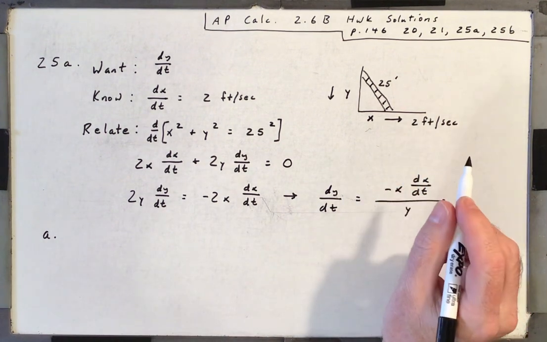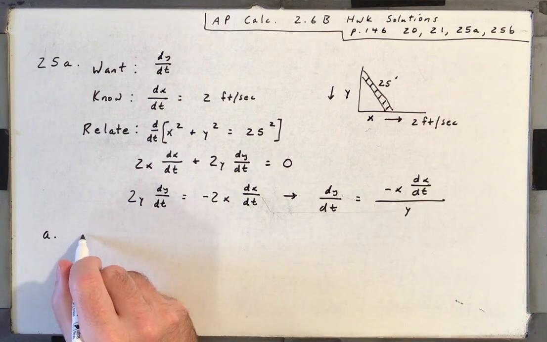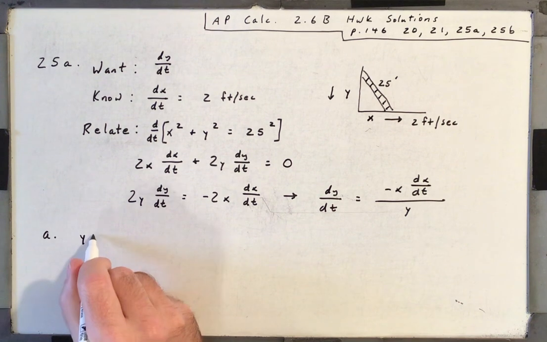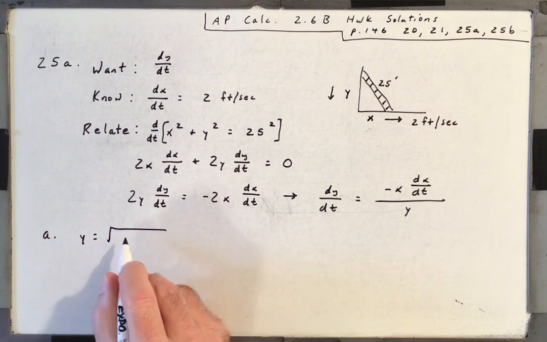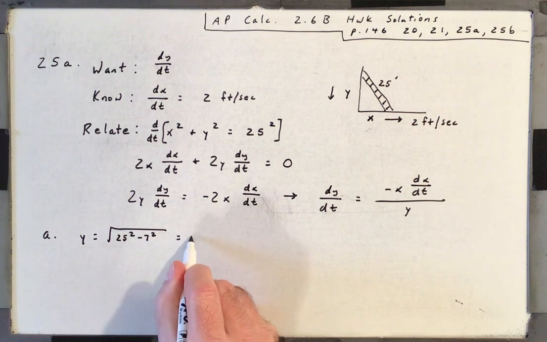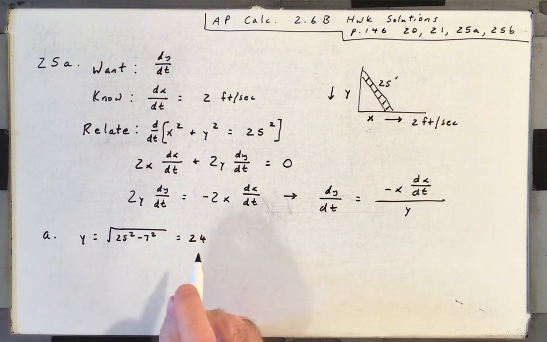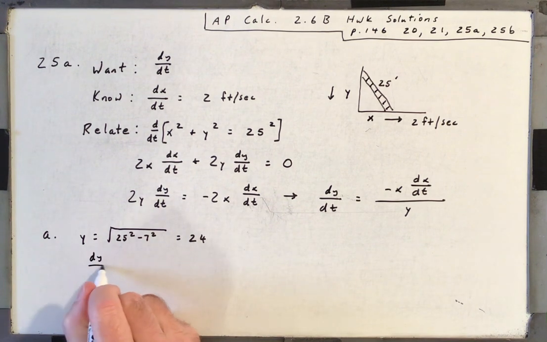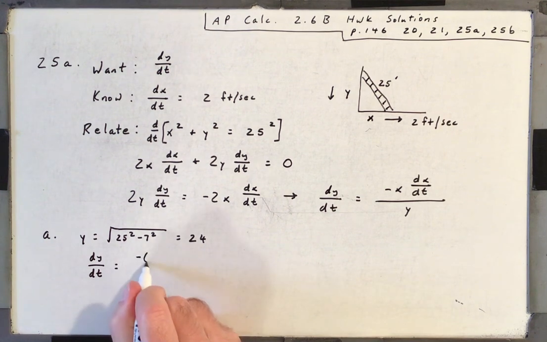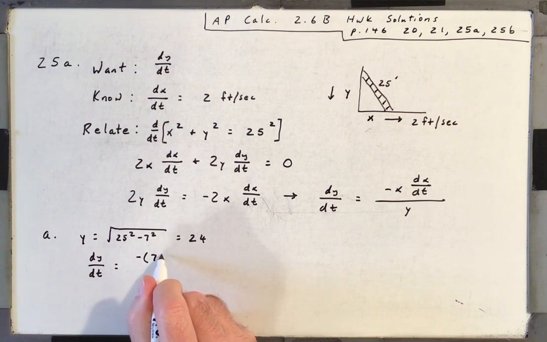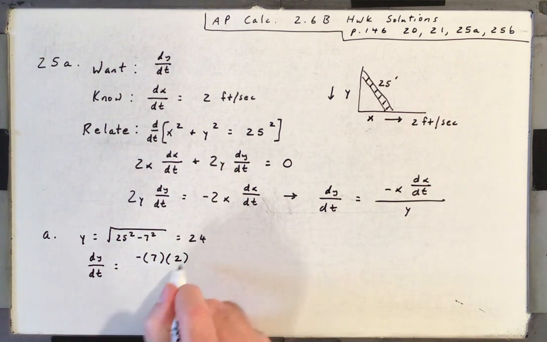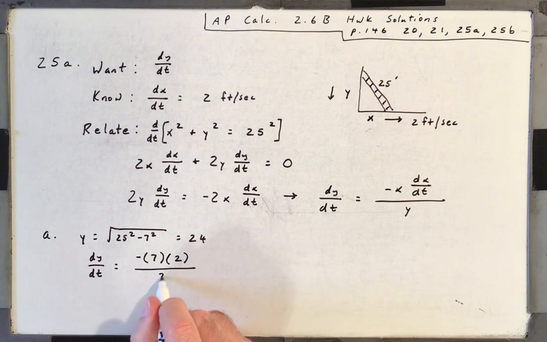Part A is when the base of the ladder is 7. You're going to have to get the y value there. If you use the Pythagorean theorem, y would be the square root of 25 squared minus 7 squared, which is 24. So dy/dt would be negative 7, dx/dt is 2, and then y is 24.